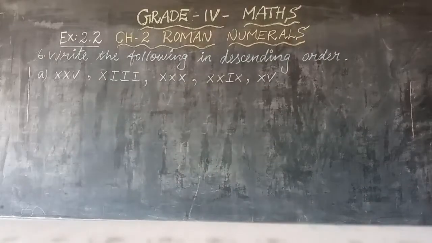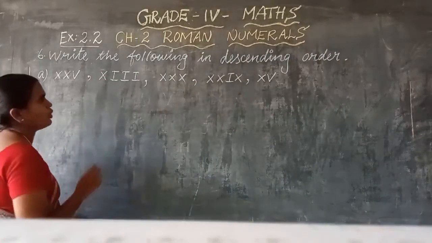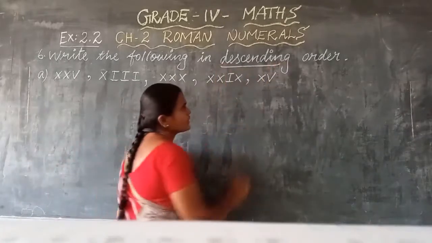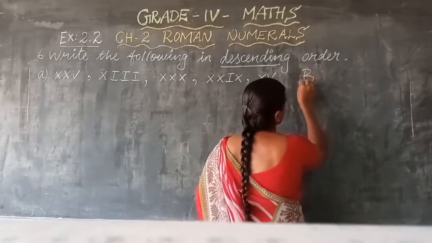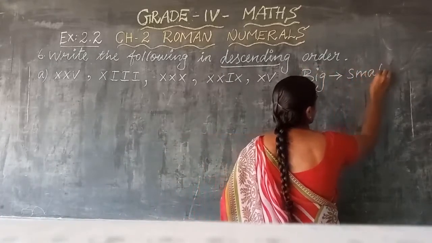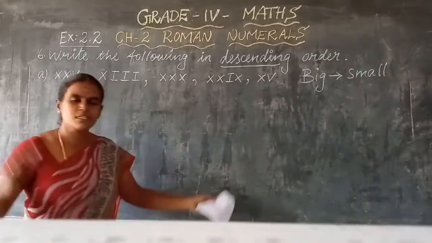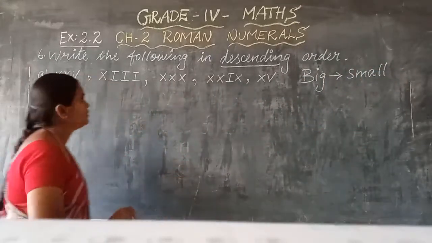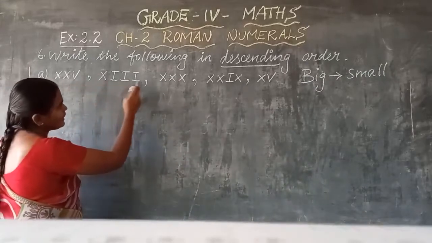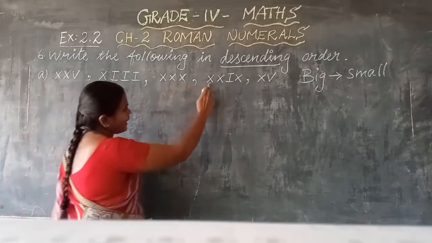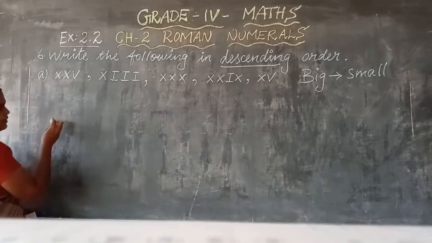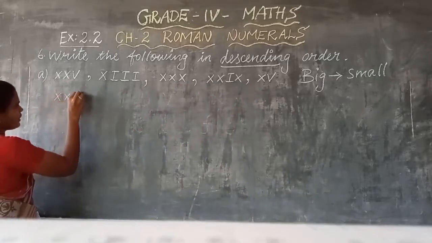Now sixth one, write the following in descending order. Descending order means big to small. See here: XXV, XIII, XXX, XXIX, XV. So first write in normal number XXV.